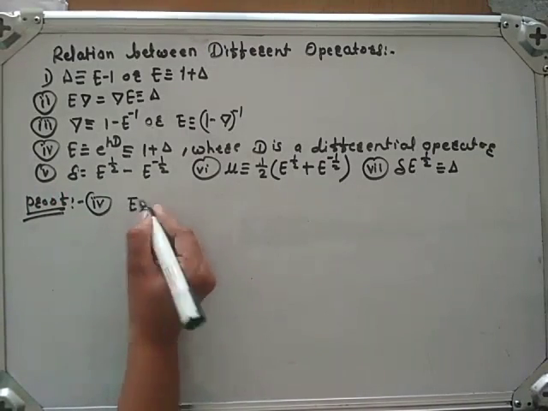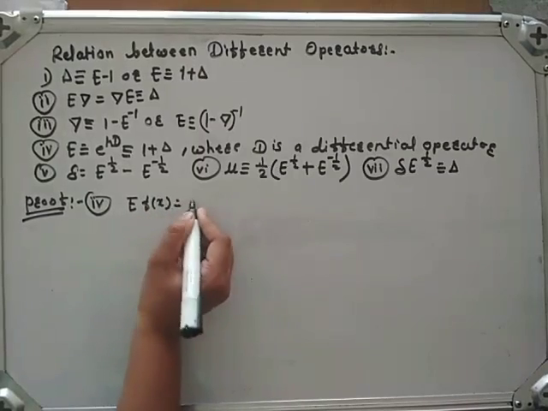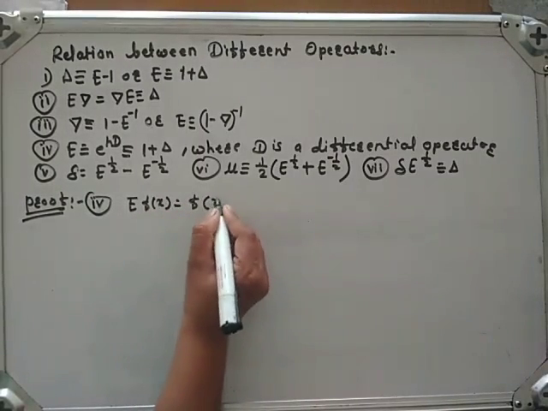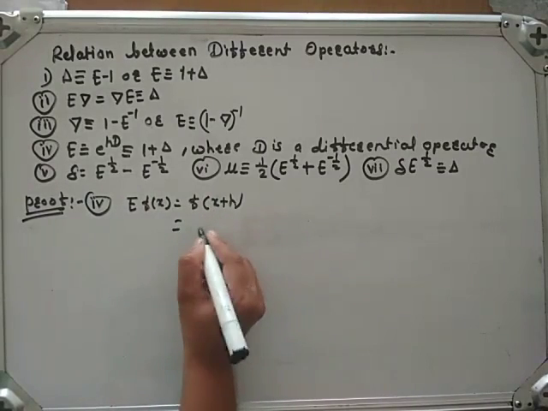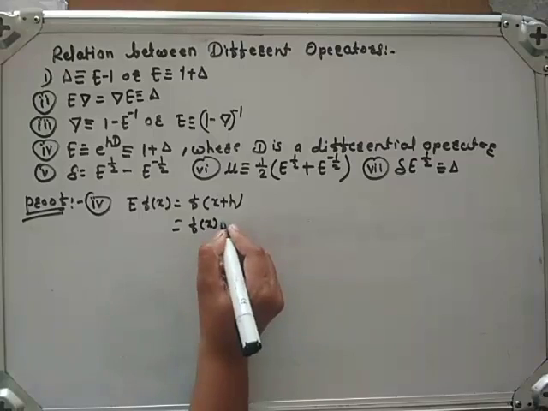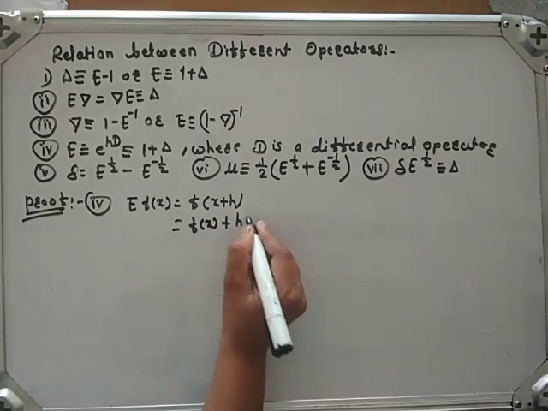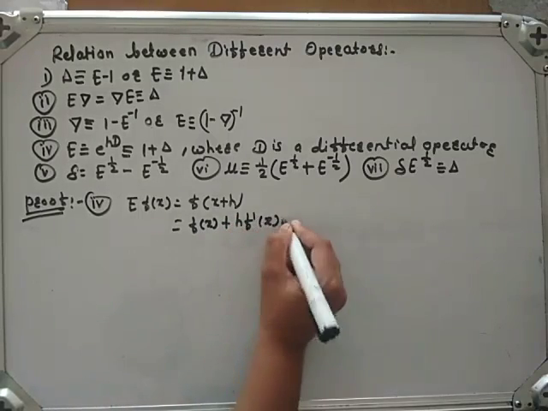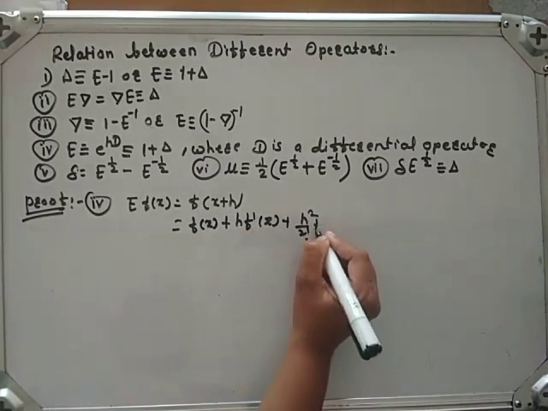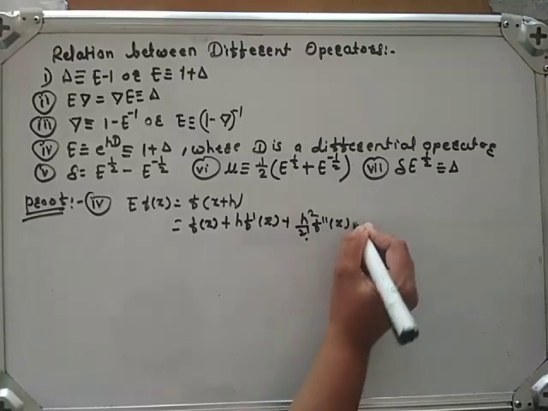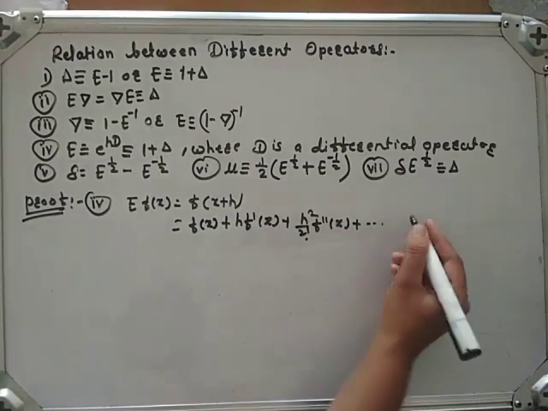We operate E on f of x, we get f of x plus h, which is equal to f of x plus h into f dash of x plus h square upon 2 factorial f double dash of x plus and so on.